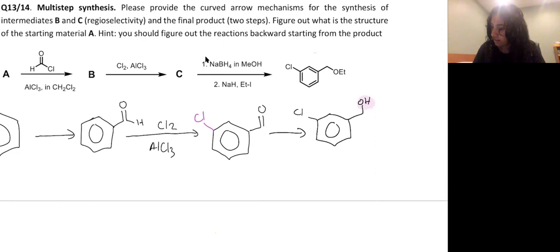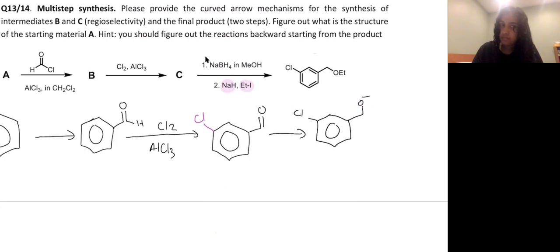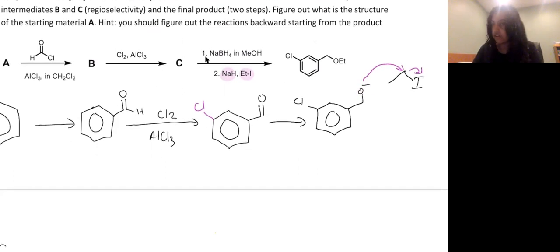Those 3 ingredients mean you're doing Williamson ether synthesis. The strong base deprotonates the alcohol. So the NaH deprotonates the OH, you get an alkoxide. The alkoxide is now a good nucleophile. It's going to attack the ethyl iodide. So go ahead, do a backside attack, and then you get an ether. So you just get an ethyl attached to the other side.